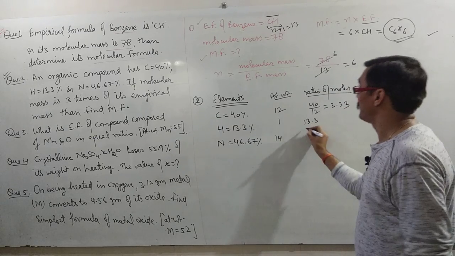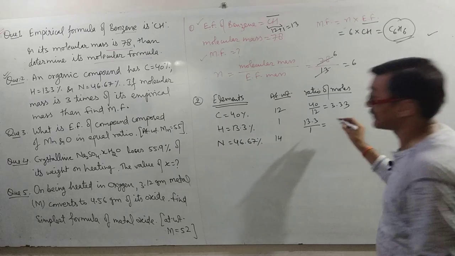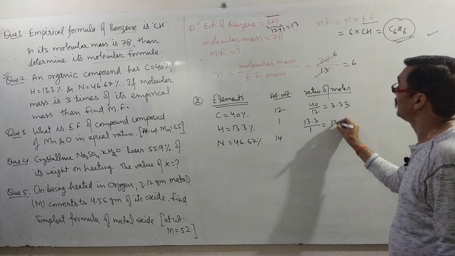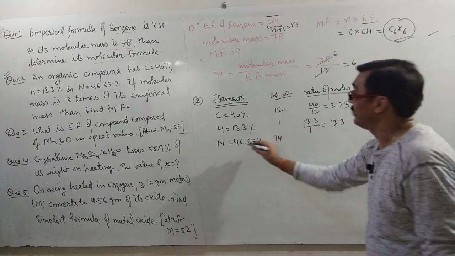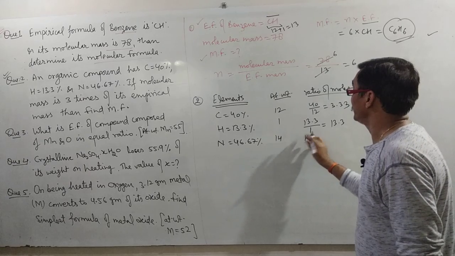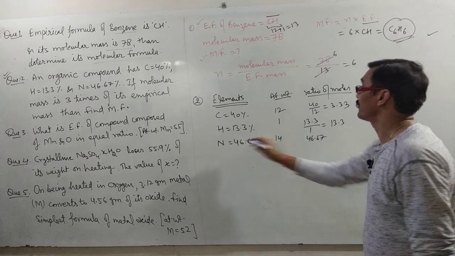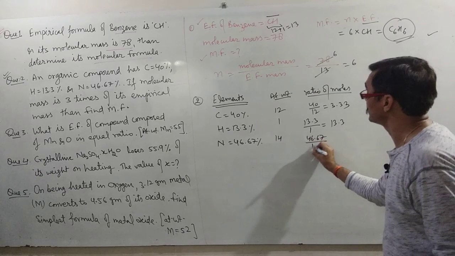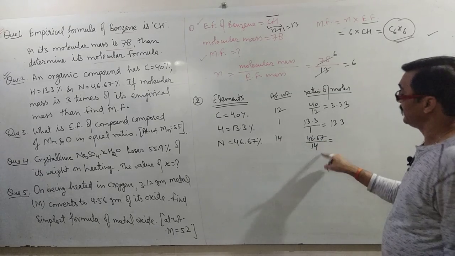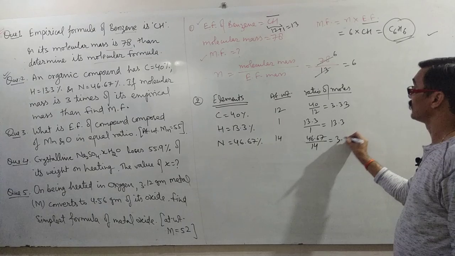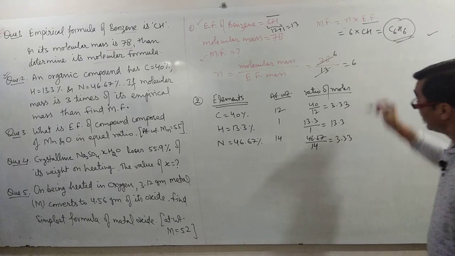13.3 mass of hydrogen divided by atomic mass of hydrogen gives the number of moles of hydrogen, 13.3. 46.67 mass of nitrogen divided by atomic mass 14 is also 3.33.